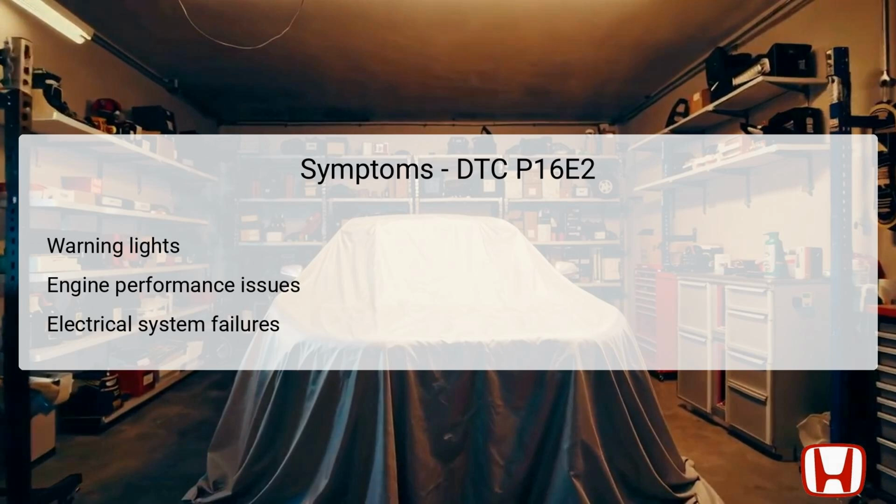Moreover, the vehicle may exhibit erratic engine performance characterized by stalling, reduced power, or unusual idling behavior, all indicative of an electrical communication problem. Additionally, owners may experience failures in the electrical systems, such as malfunctioning accessories or unreliable battery charging. These symptoms can significantly impact the drivability and reliability of the vehicle, necessitating timely diagnostics and repairs.